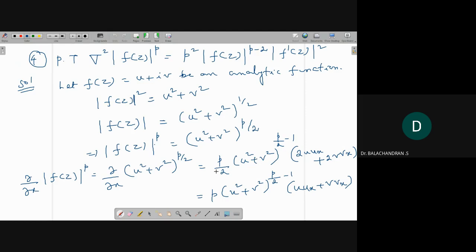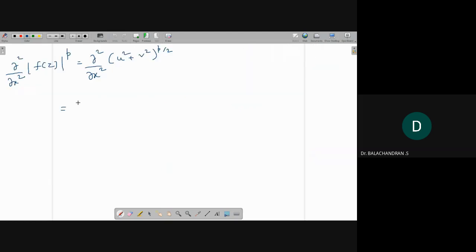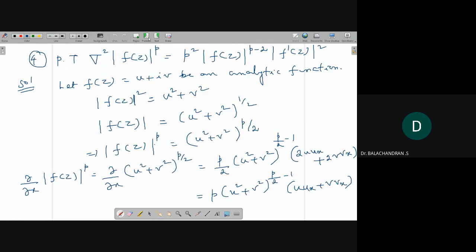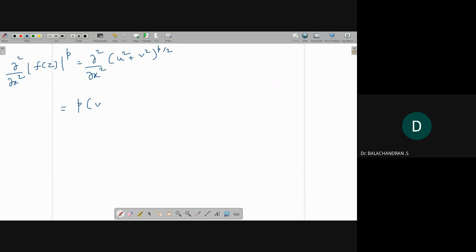So here p by 2 is constant, and u square plus v square whole power p by 2 minus 1 is the function. I think you should consider this because I already cancelled 2 and 2. So this is u, this is v. Please check it carefully. So p into u square plus v square whole power p by 2 minus 1.